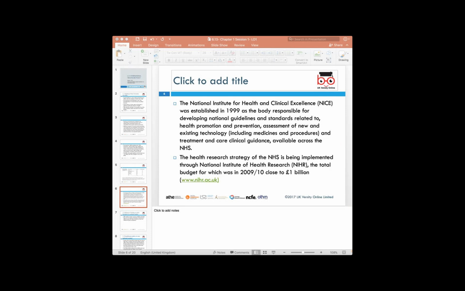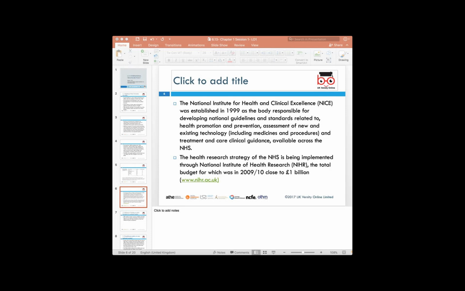This is another body which actually works within the NHS, and their aim in particular is to get involved in areas of research which look at promoting or spotting, and understanding the key areas wherein there need to be changes brought across in the short and in the long term.